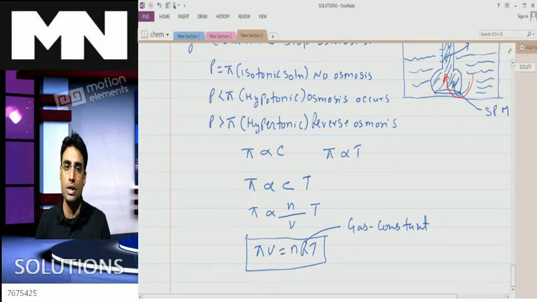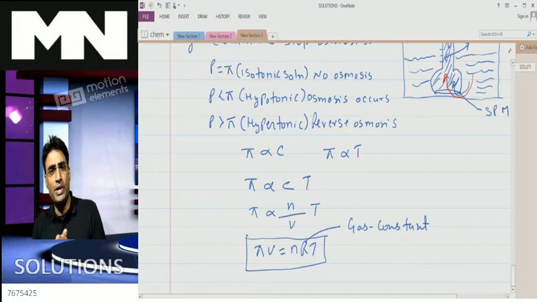Well, as far as this colligative property is concerned, osmotic pressure, many a time, many theoretical or conceptual questions are asked on this topic, like why it is considered to be the best colligative property. Well, osmotic pressure, unlike elevation in boiling point or depression in freezing point, is measured at optimum temperature.